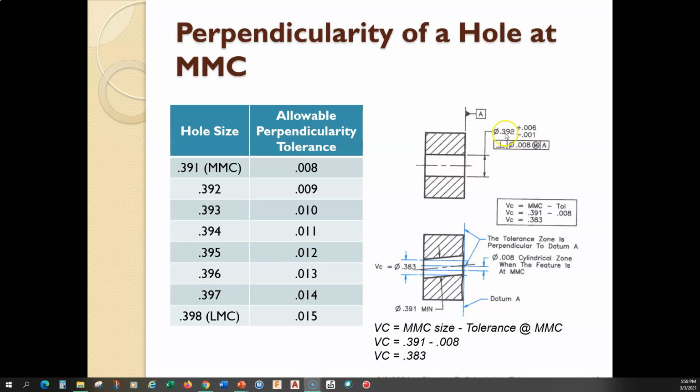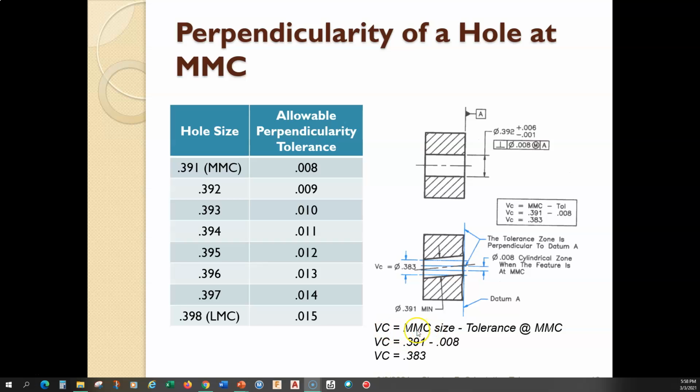The MMC size for this hole is the smallest size of the hole, which is 391, 0.392 minus 0.001. And then the perpendicularity tolerance is 8 thou at maximum material condition.